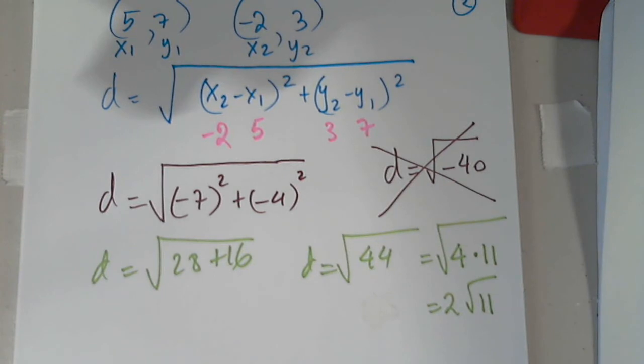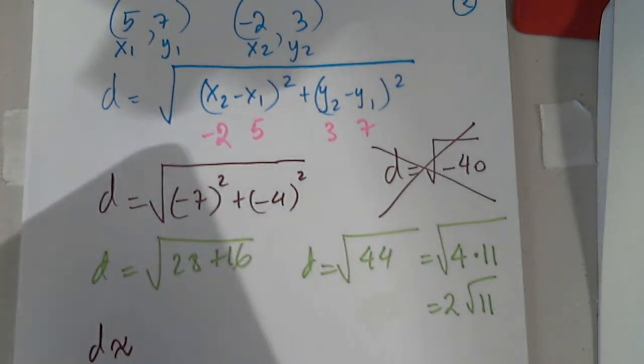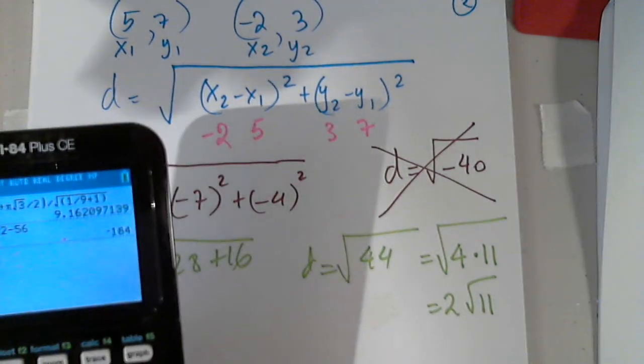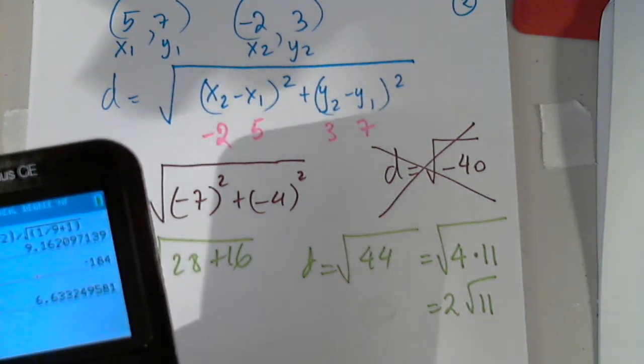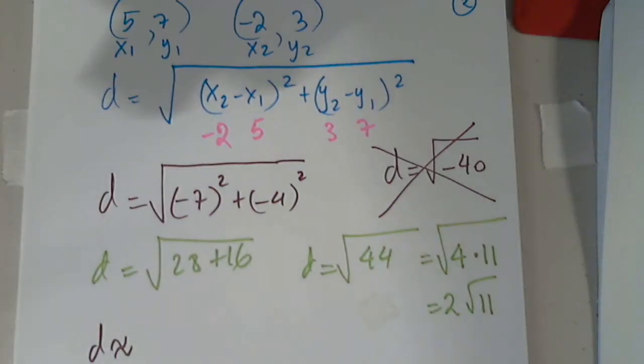I will write D is approximately, and I'll put it in the calculator. Where's my calculator? Here. Square root of 44. 6.6332. This is how we determine the distance between 2 points.